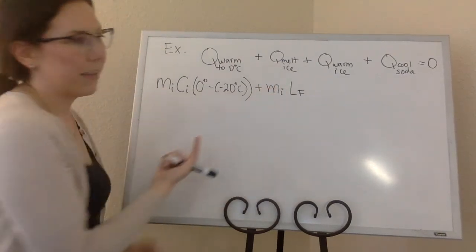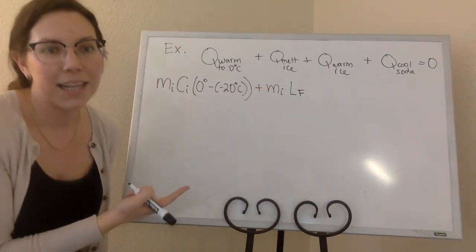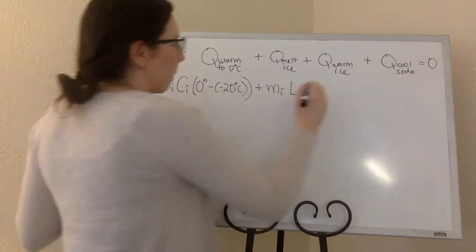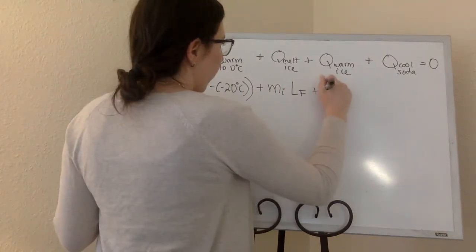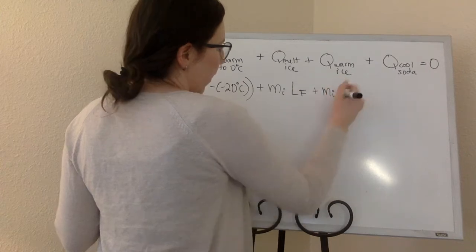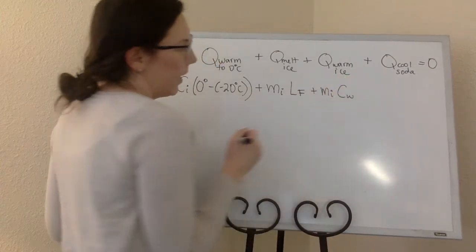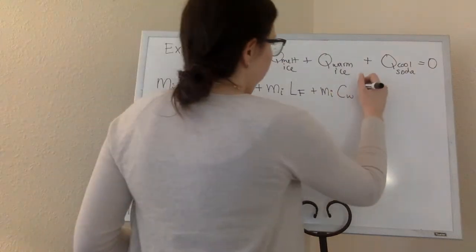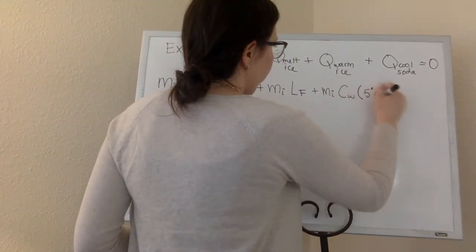Again, checking that this is a process that requires energy, and it is, so that's positive. And we're using the latent heat of fusion. Okay, and then warming up the water. It's still the mass of ice, but now we need C water, since at that point the ice has melted and it's water. And that's going to 5 degrees from 0.